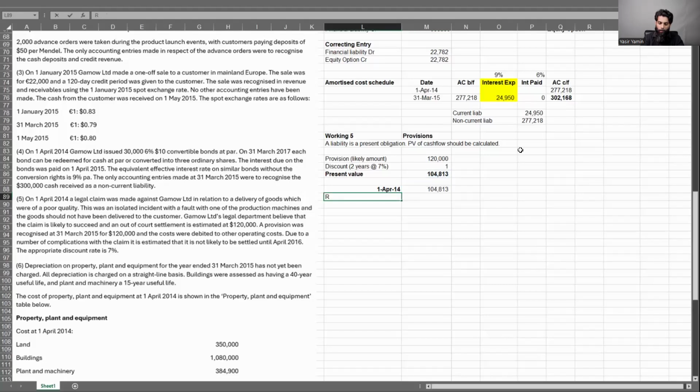Recognized by accountant is 120,000. That means on 1st April 2014, something should be reversed. Can anybody of you tell me the correcting accounting entry? To be recognized, but recognized by accountant. Reversal. Okay, there is a question.